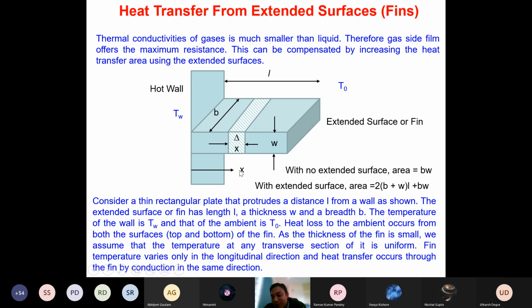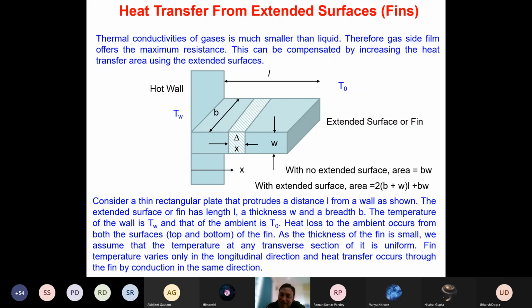But how long can I go maximum? Till my temperature at this end becomes T naught. Do you agree with this? Yes, sir. And that is the maximum length you can have. If you increase your length beyond that, then you are only wasting money on metal, isn't it?